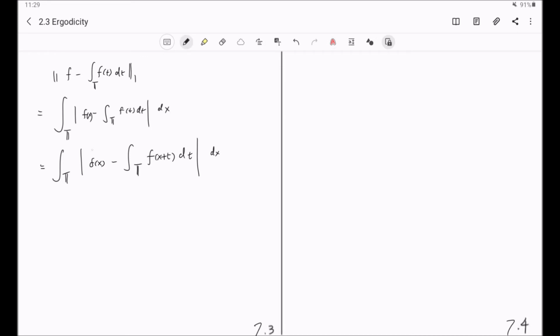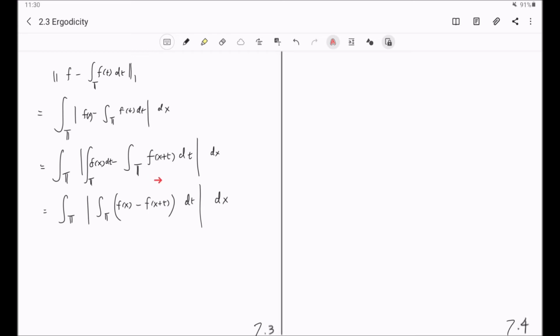So we're going to integrate this constant over this circle. And now you know the trick. This will be equal to the absolute value of the integral over the circle with integrand f of x minus f of x plus t, dt. And the outside integral is integrated over x.